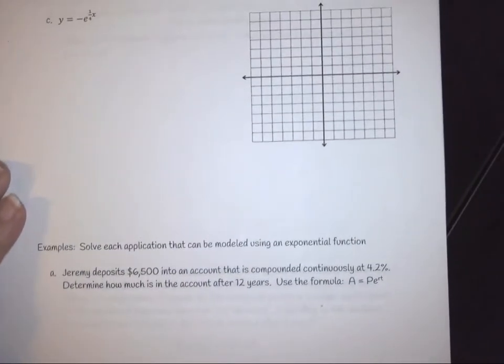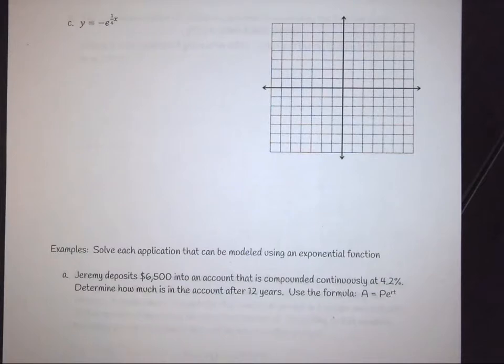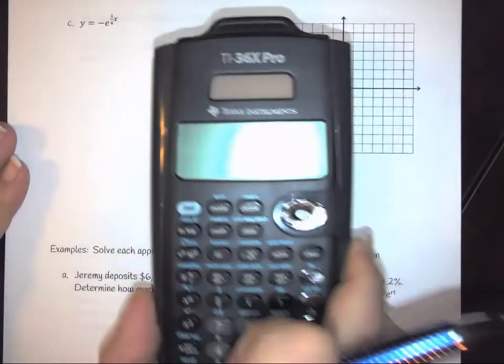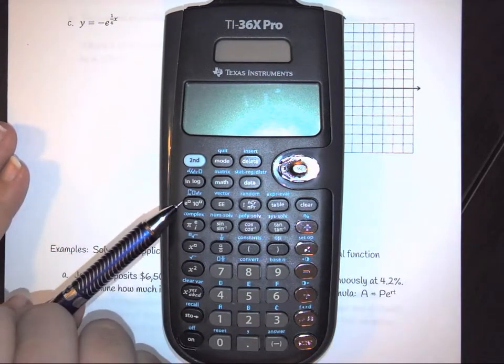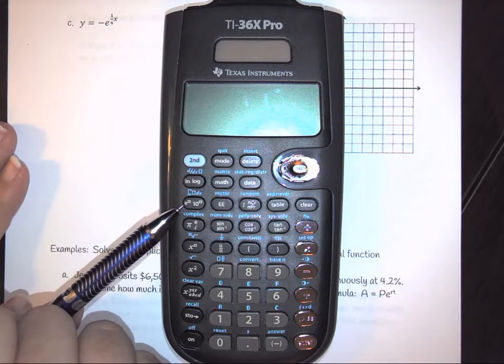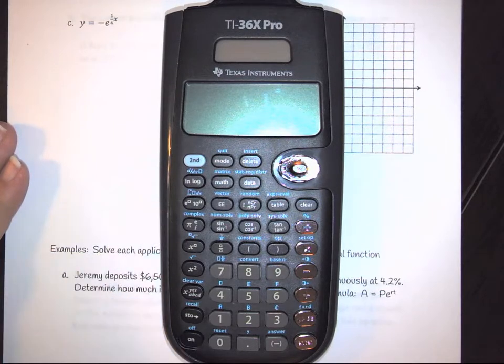Now, another interesting term that we have when dealing with exponents is the e value. E has its own special place on the calculator. So again, if we look at the calculator, notice I have this e to the square button right here. So this would be the button that I would push if I wanted to evaluate with my e term.